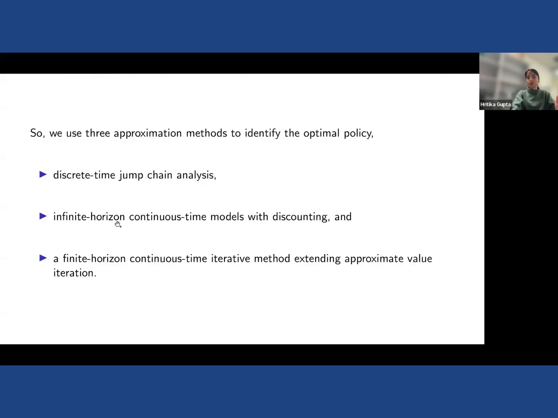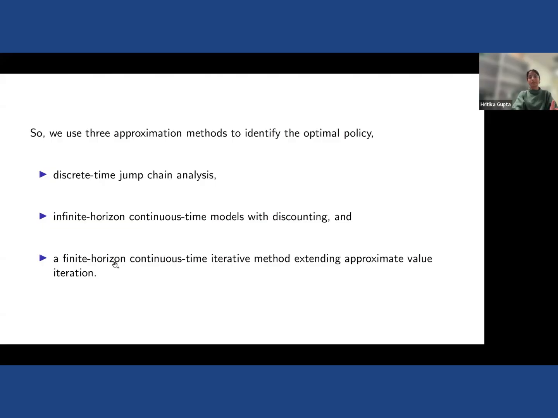So it simplifies the equations, and you can use iteration methods to find the value function in the infinite horizon continuous time case. And the last one is a heuristic method that I developed by extending the approximate value iteration. So a finite horizon continuous time iterative method extending the approximate value iteration. Approximate value iteration is a method that's used in discrete time, but I try to extend it to continuous time.